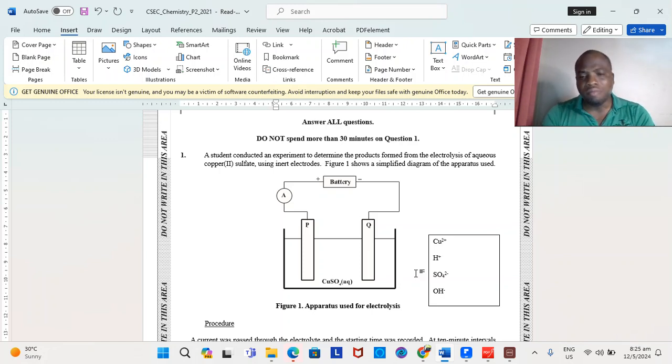Also, if they use the term concentrated, when you have concentrated electrolyte, say for example concentrated sodium chloride, once there is one of those halogens present, they are the ones that are going to be discharged at the anode. So if you have concentrated and the anion present is a halogen, whether iodine, bromine, or chlorine, then they will be discharged.